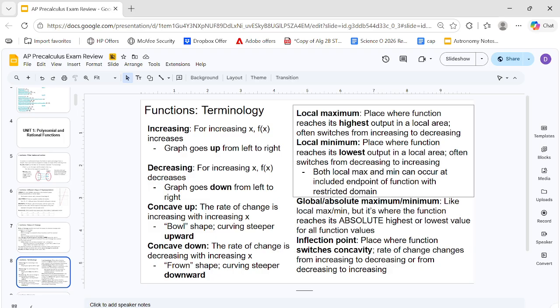A local maximum is a place where locally a function reaches its highest point, and a local minimum is the same thing but for a lowest point. The global maximum is like the local, but it's over the entire function. Inflection points are where the function changes concavity, so concave up to concave down, or vice versa.